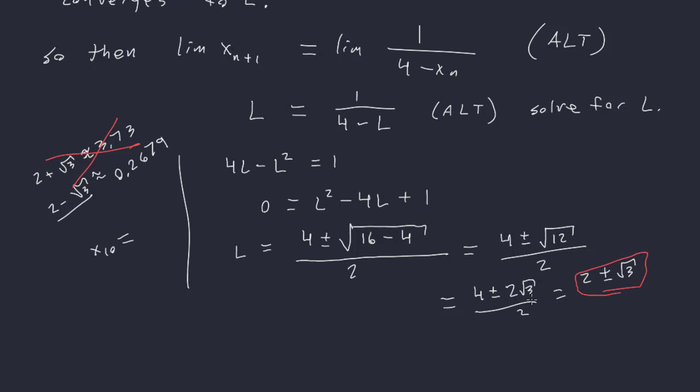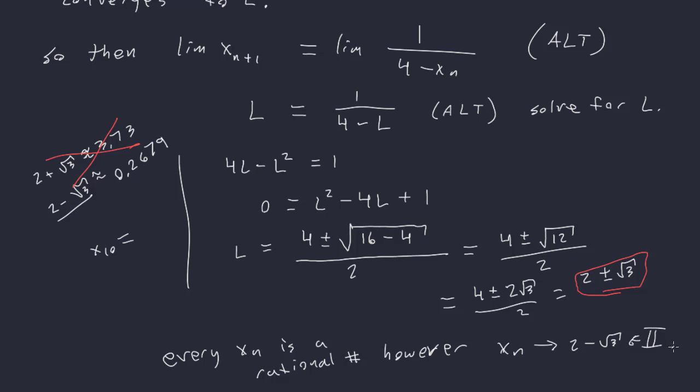So something interesting here is notice that every xn is a rational number. However, xn converges to 2 minus root 3, which is in the irrationals.